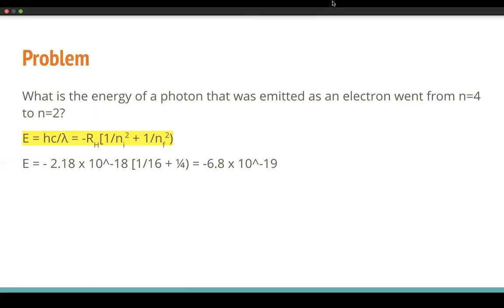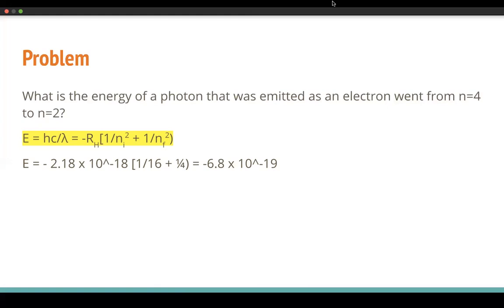Would they be all negative and confuse you? I would say the options would most commonly be part of a larger passage question. You can see this is negative 6.8 times 10 to the negative 19.